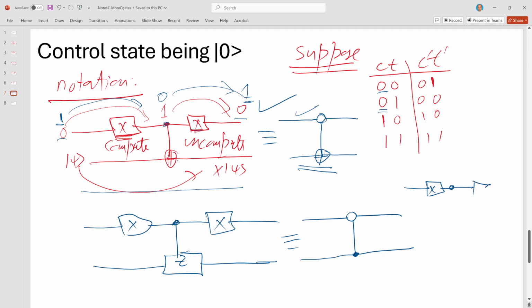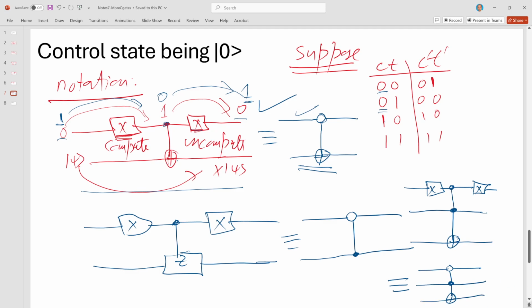For example, I can have a multi-control circuit. Let's say I'm talking about Toffoli. So this Toffoli can be equivalently represented as a circuit like this.